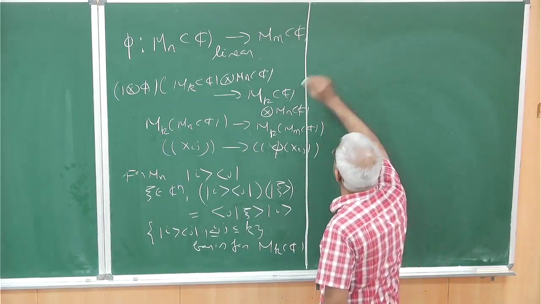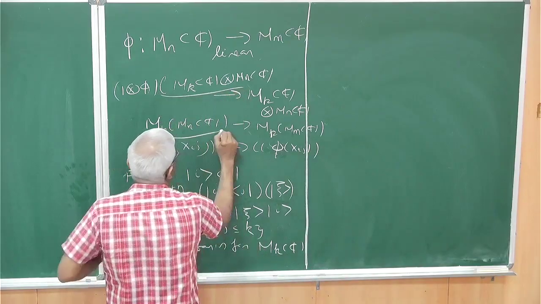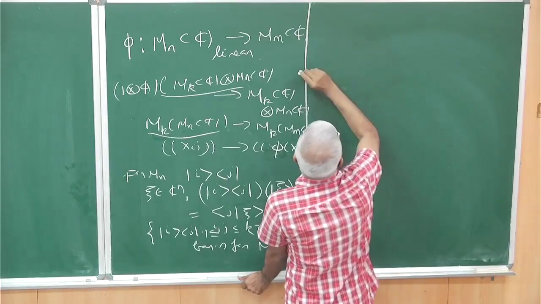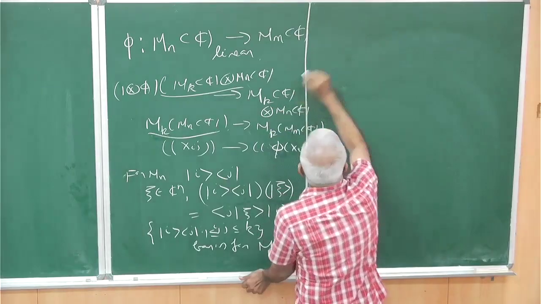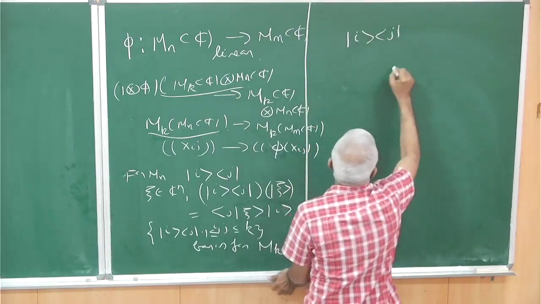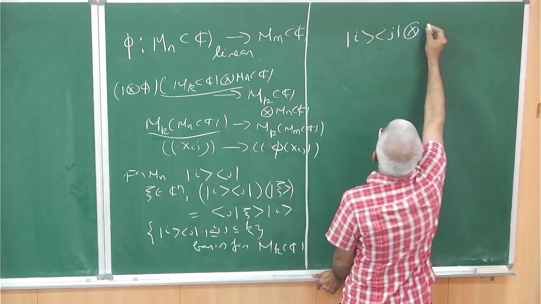With respect to this, anything here can be written as a sum of scalars times E_ij. This is an operator in M_k(C), and you want to take an operator there.